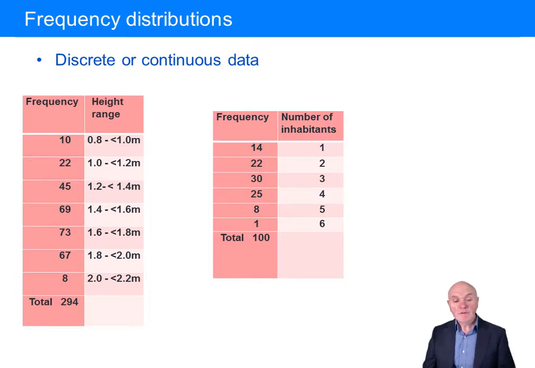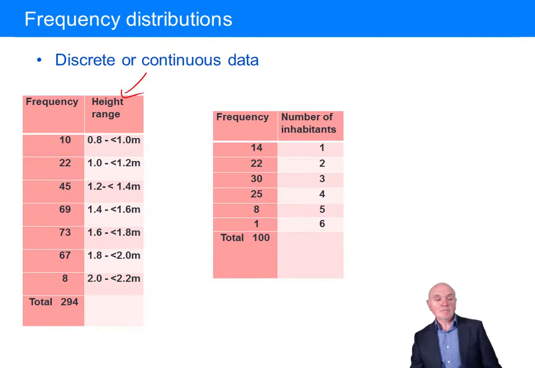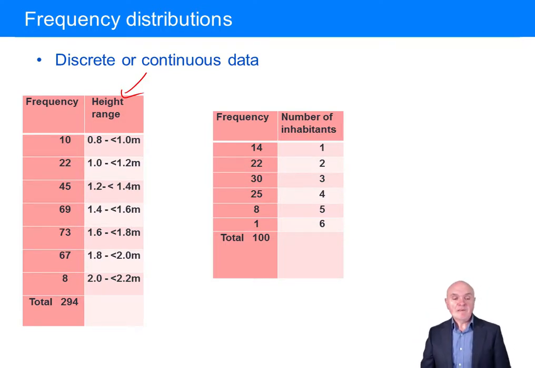Now, you can have 2 sorts of data that can be shown on a frequency distribution, or indeed 2 sorts of data in general. You can have discrete or continuous data. So this here, the height, is continuous. There is a continuous, if you like, range of people in this population between 0.8 of a meter and up to 2.2 of a meter.